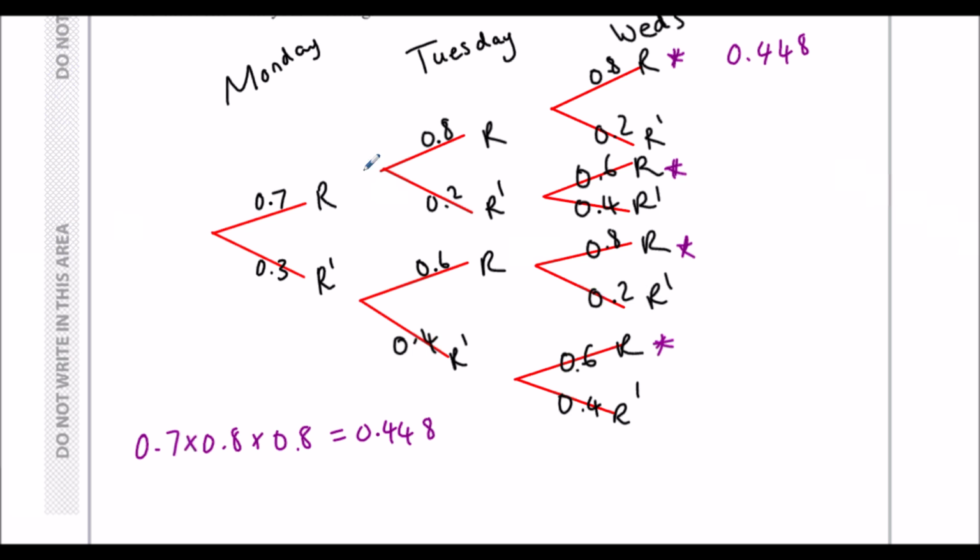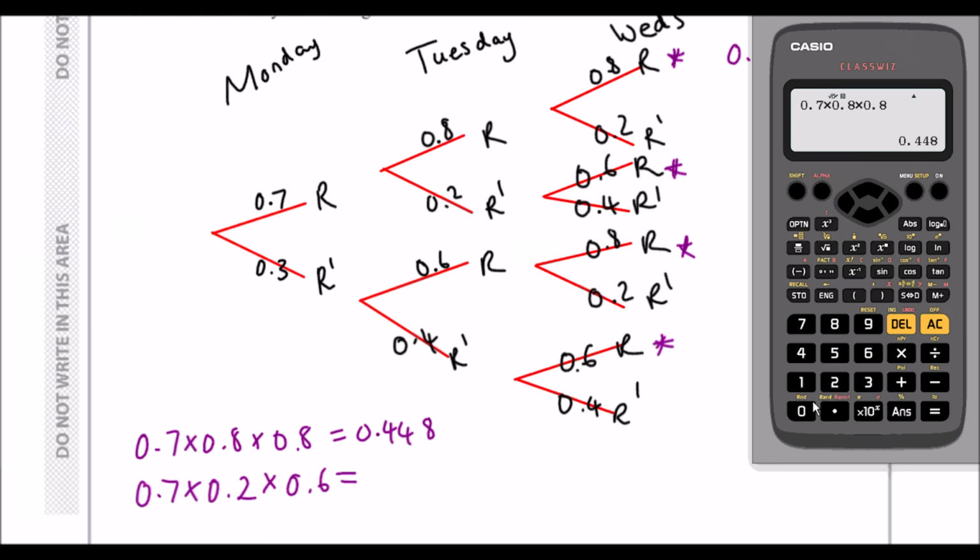We've got rain, not rain, rain. So 0.7 times 0.2 times 0.6. Rain, not rain, rain. 0.7 times 0.2 times 0.6 is 0.084.